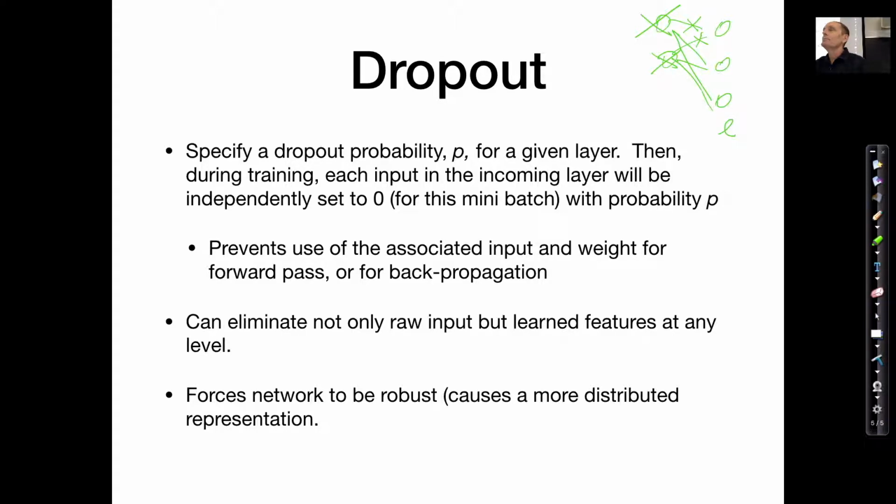So it's not the neurons in the dropout layer themselves that are getting zero, it's the inputs to the dropout layer that are getting 0. That's right. And it's a 1 times 0 for the mini batch. So we've got our entire mini batch, and as we're running this particular mini batch, we're going to zero out the input.